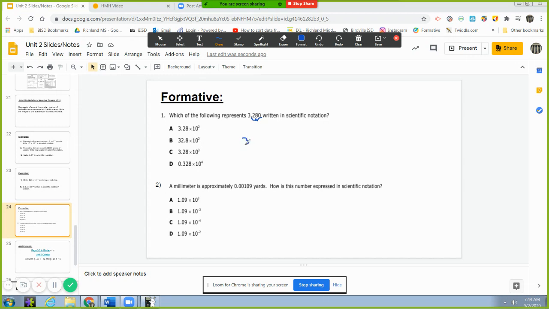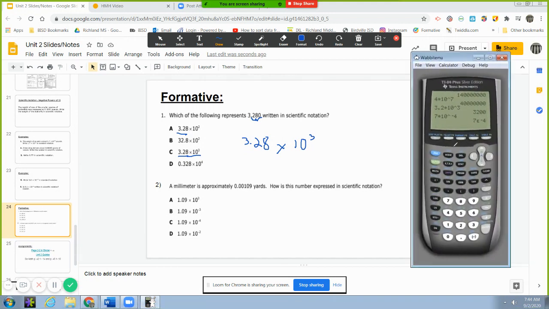So we have 3.28. And we have one of those here and one of those here. And we move back 3 digits. So times 10 to the 3rd power. Here's our answer. And to check that, I'll put it in the calculator.